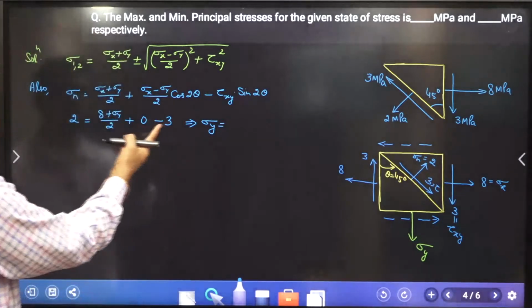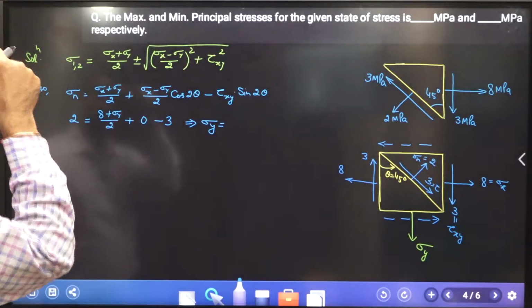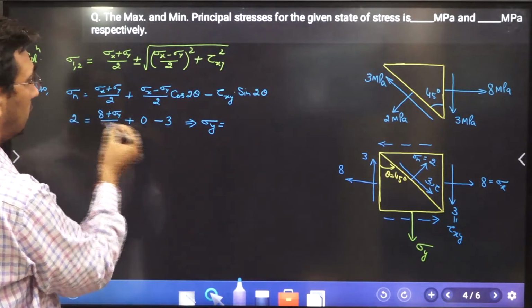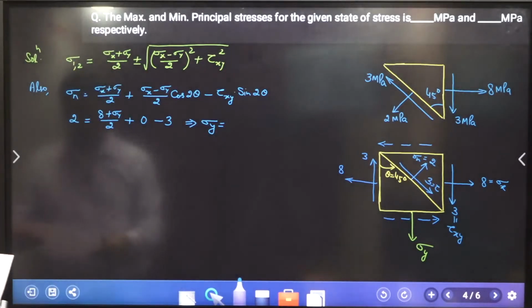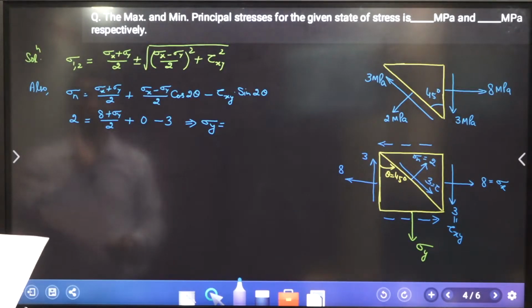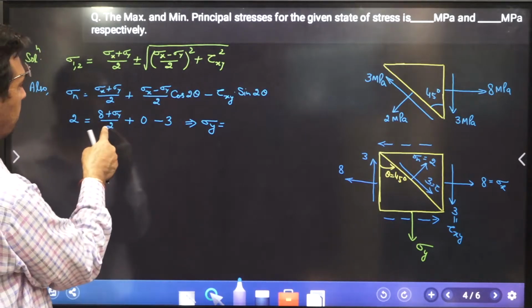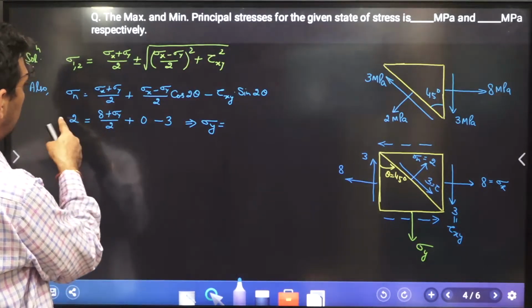What is that? 8, 4 minus 3, 1. I think it will turn out to be 1. Am I committing a mistake or not? I don't know, somewhere I may have committed a mistake. Okay, yes, I committed a mistake over here, right? So it will be 4 minus this 3, which is 1.